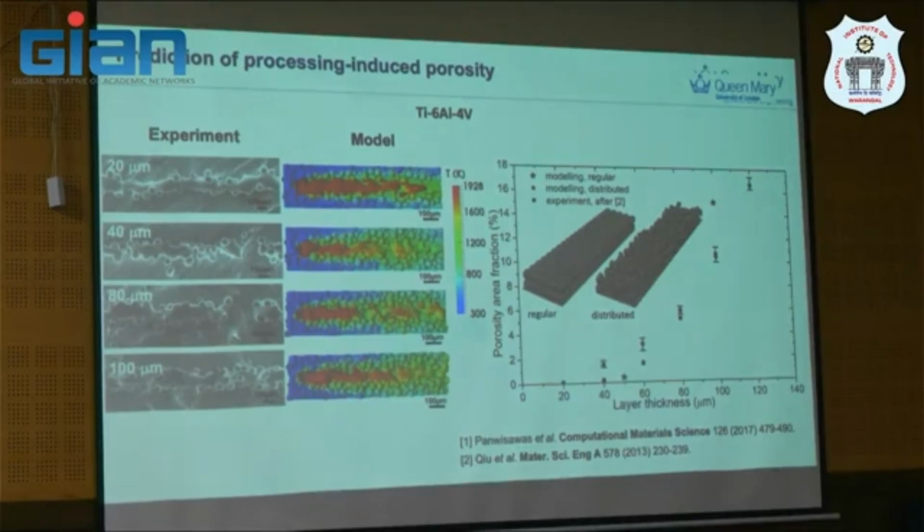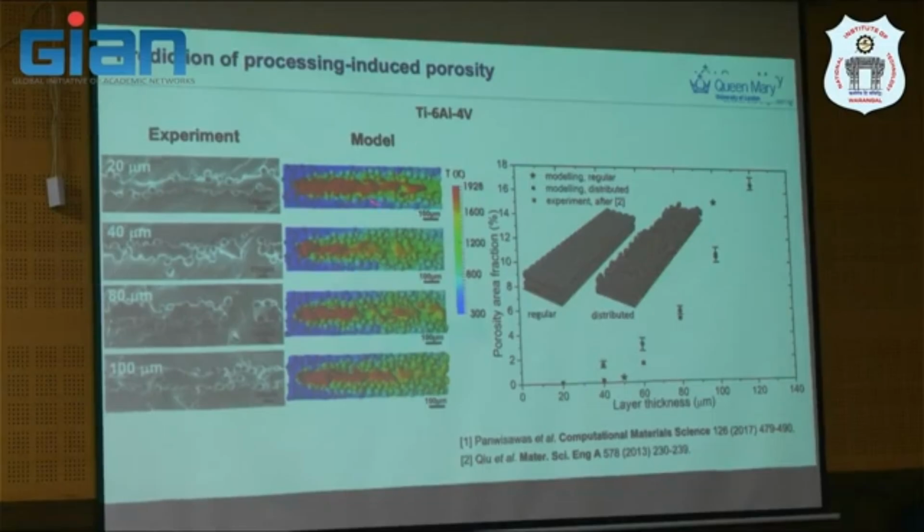I strongly believe that the arrangement of powder is different. Is that correct? That means what's important in additive, experimentally and computationally, is that it's not deterministic, it's stochastic. And then what we need to predict or capture is the stochastic nature of it.